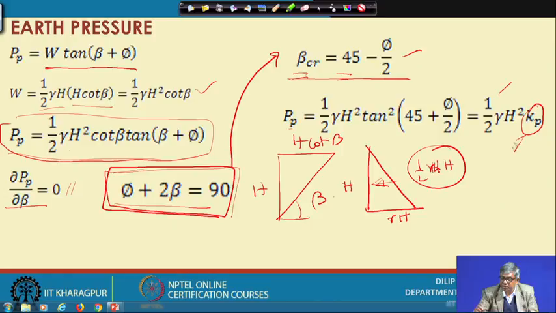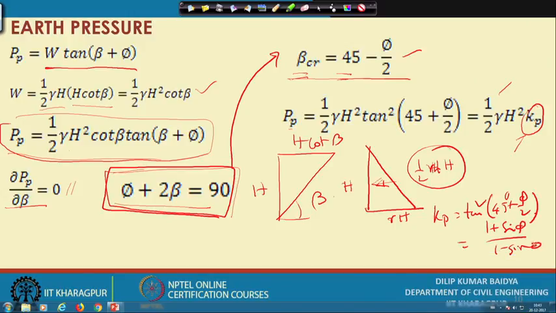This Kp is tan square of 45 degrees plus phi by 2, or it is 1 plus sin phi by 1 minus sin phi. If you know the phi value, then we can find out Kp, and after knowing Kp and half gamma H square, you can find out the passive thrust.